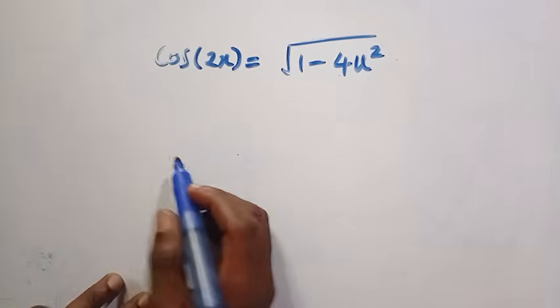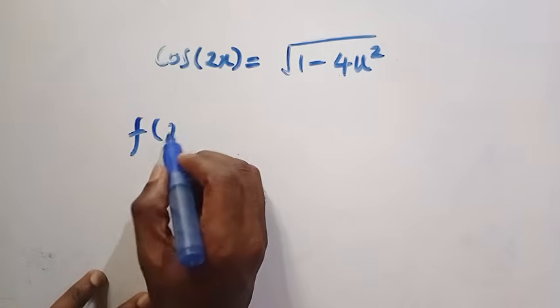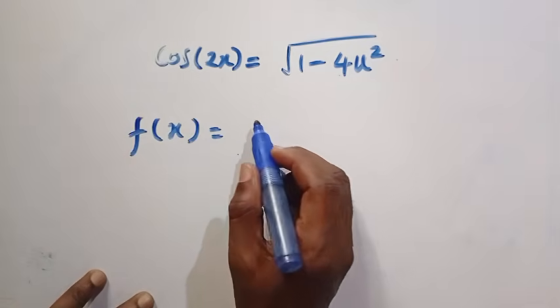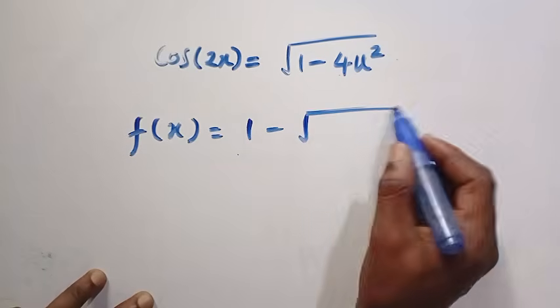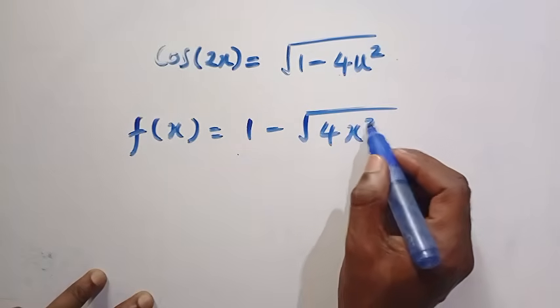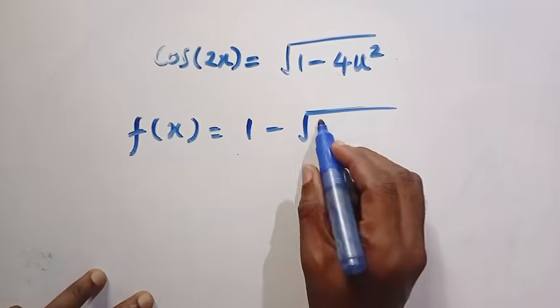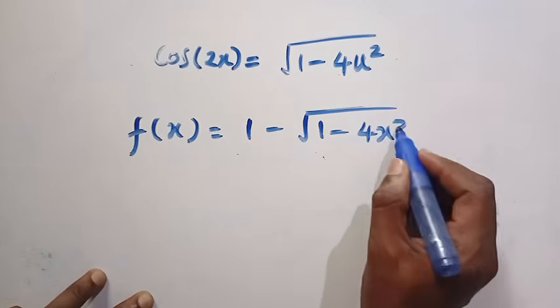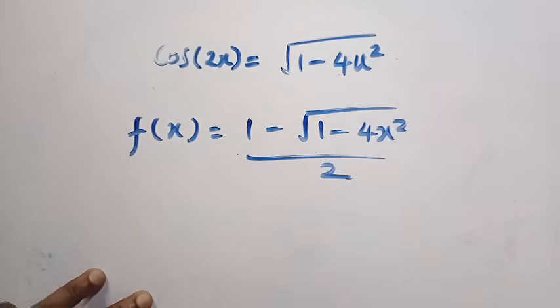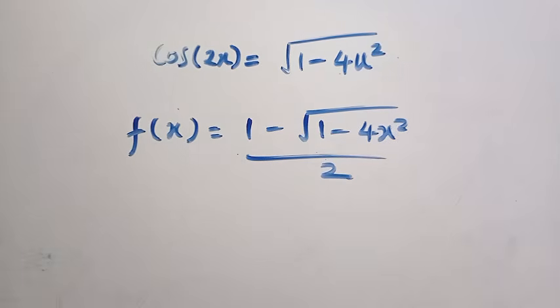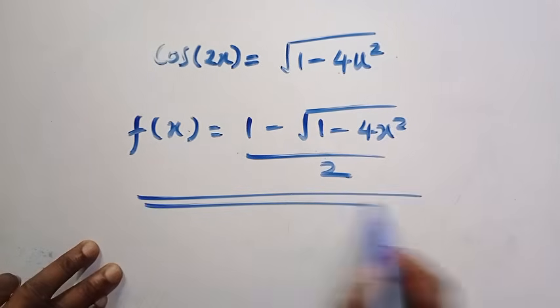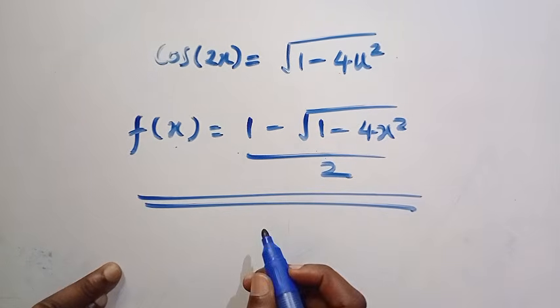But if we later substitute back for our f of x, this will give us 1 minus the square root of 1 minus 4x squared, divided by 2. So this is for f of x, and it's just as simple as that.